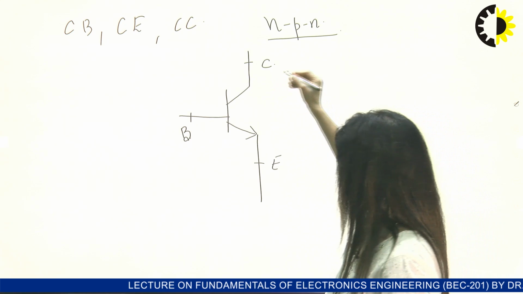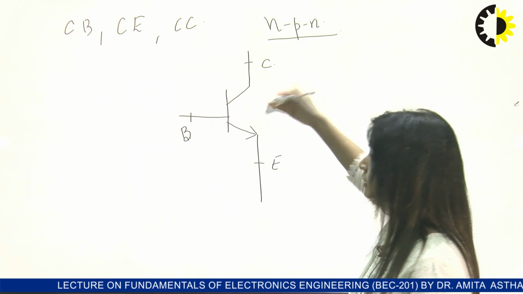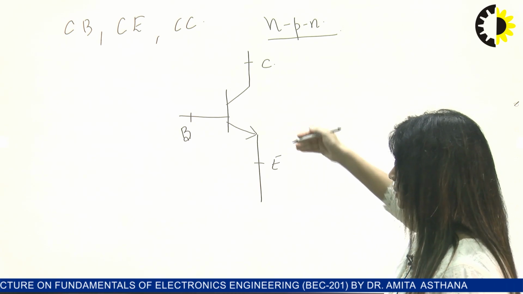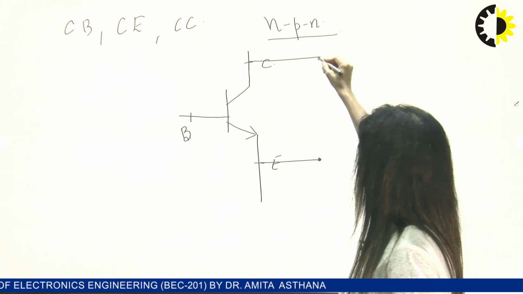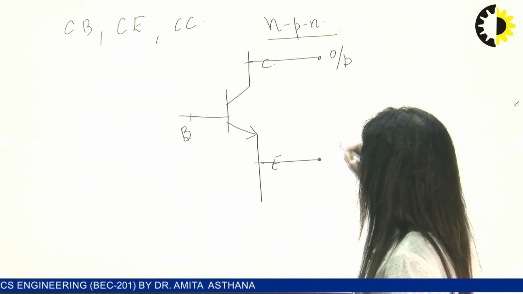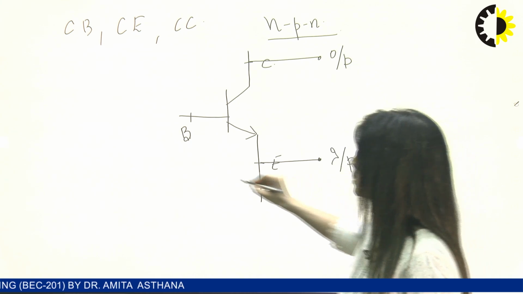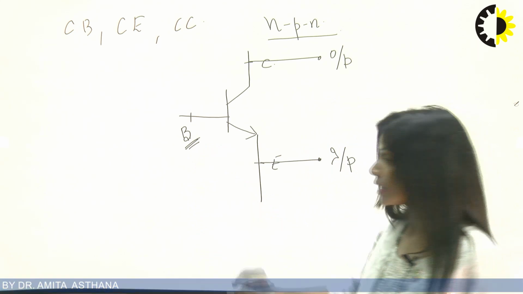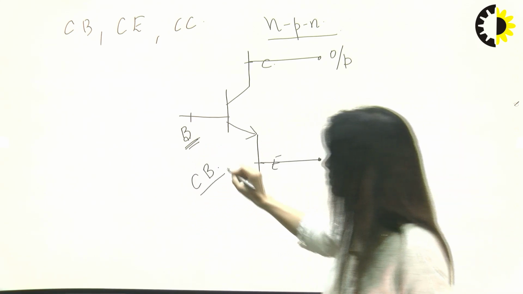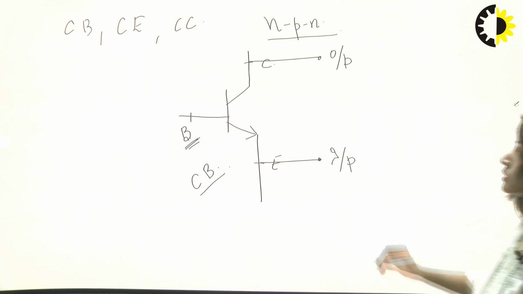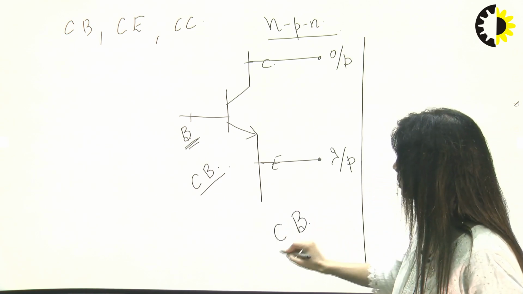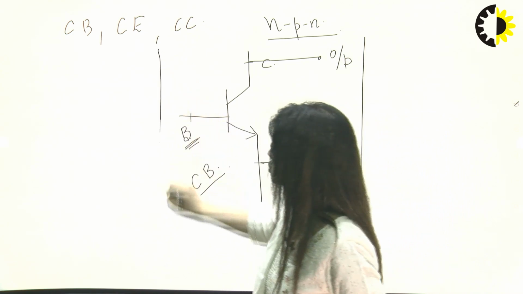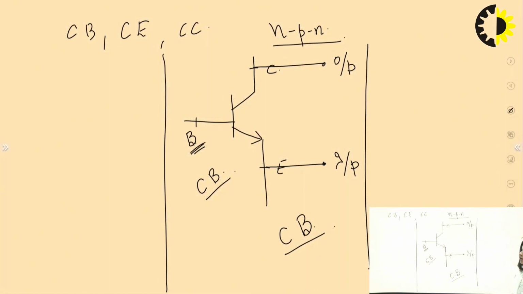When the transistor is in common base, I take output from the collector and provide input at the emitter, then this particular terminal is common and the transistor is said to be in common base. This should be clear, and you should first recognize in which configuration the transistor is.